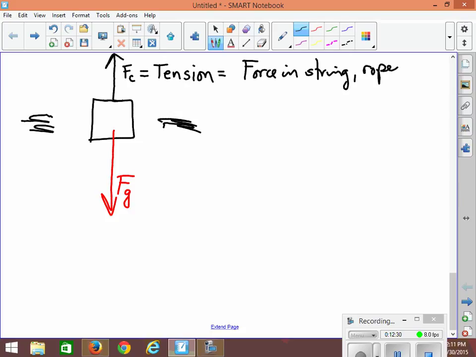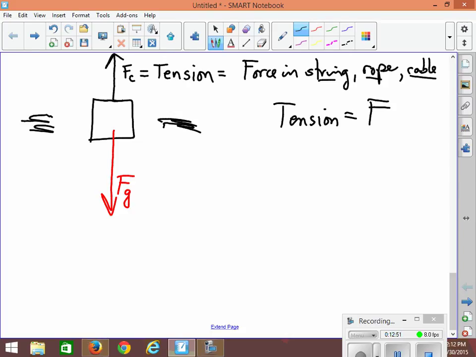Tension can be in a piece of wood. Your body can experience tension. But typically in free body diagrams in physics, forces that are caused by strings, ropes, cables, and things like that are frequently called tensions. But tension is just another word for force.